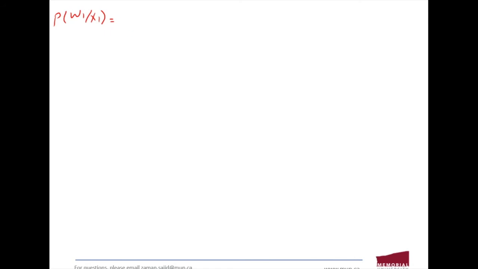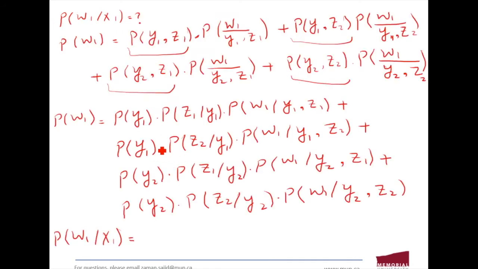is equal to. Now I will explain in the first term the same procedure as we were doing before.